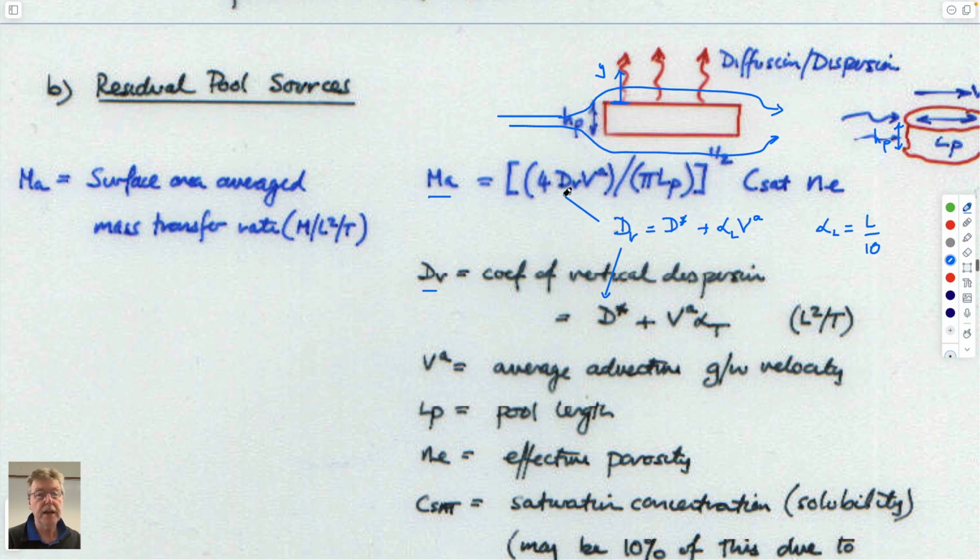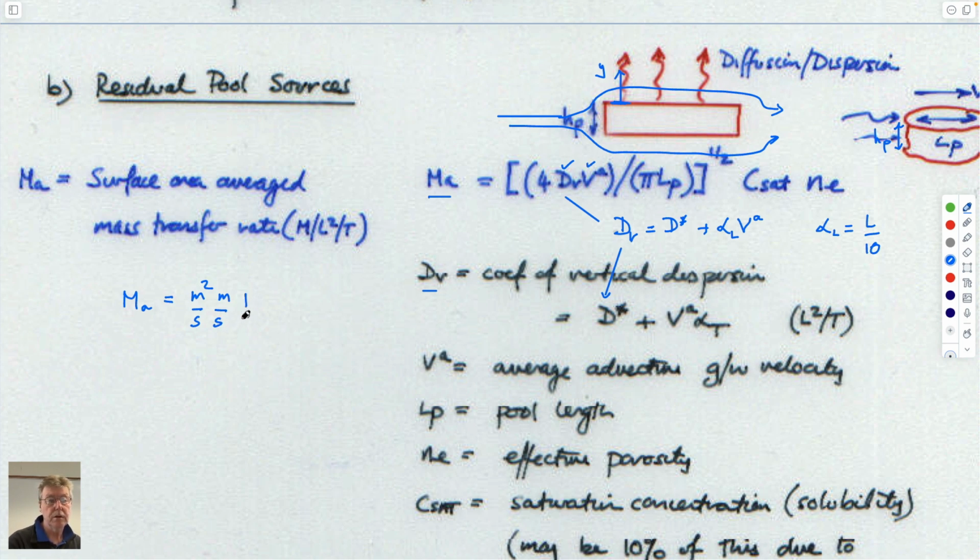I suppose we could check that the mass rate of removal has the right dimensions. It's going to be diffusion coefficient, so this is length times length over time. So this is meters squared per second. This is a velocity per second.